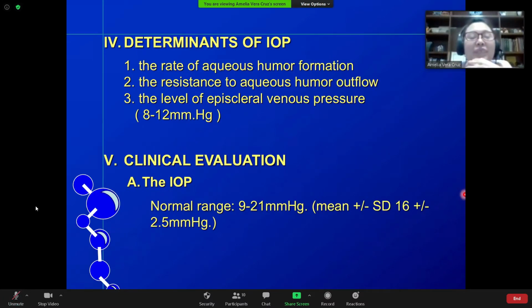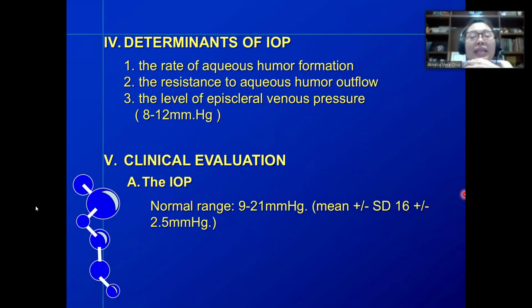Okay. So, your IOP, for example, if the rate of aqueous humor formation is higher and there is resistance to aqueous humor outflow, the IOP will increase. Now, if the rate of aqueous humor formation is normal but there is resistance to aqueous humor outflow, the IOP will increase.